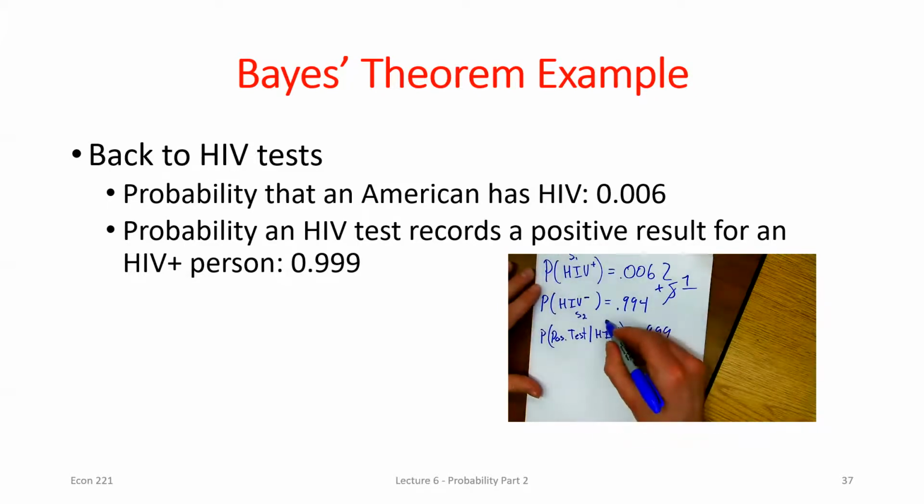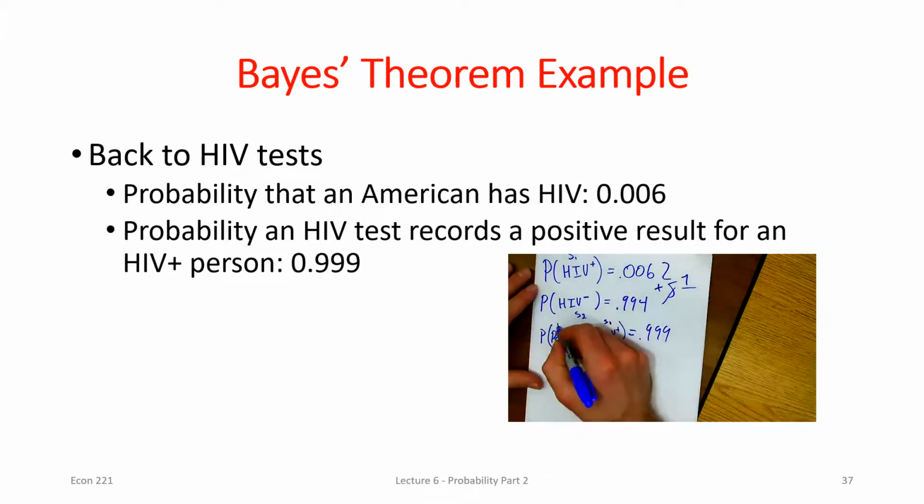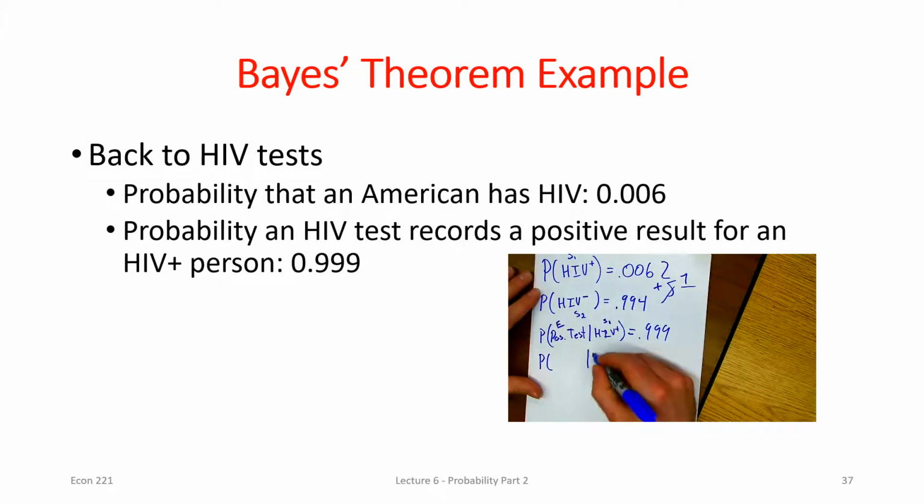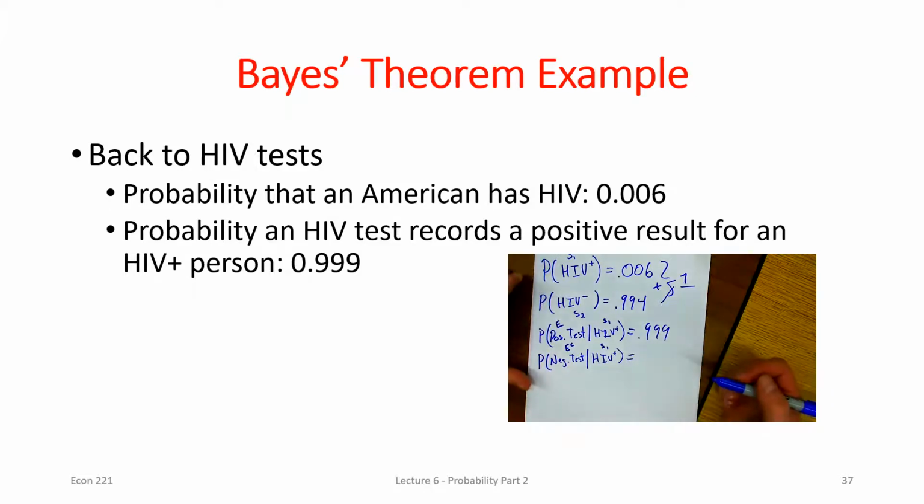Well, notice, if this is my state of nature 1, and this is my outcome of the test E, if I condition on that same state of nature that the person is HIV positive, but I want to know what's the probability that they get a negative test result, or E complement, what should that be?